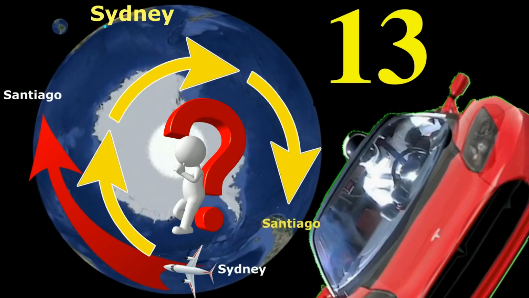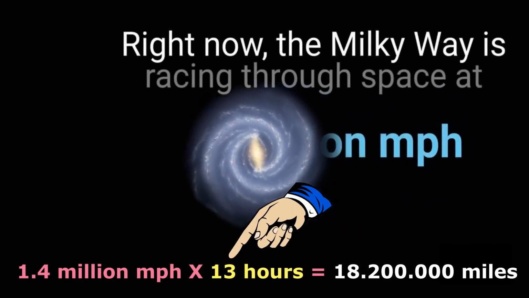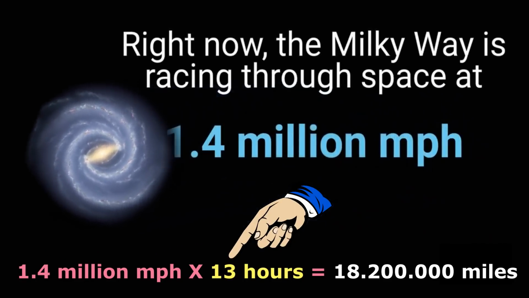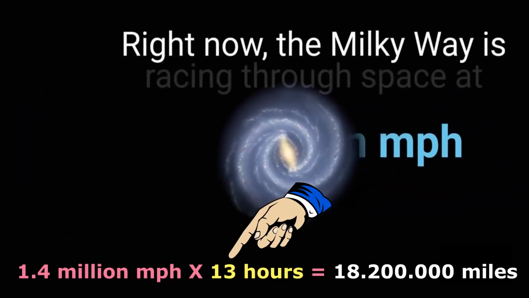So the actual flight path of this airplane after 13 hours equals this. It doesn't really make much sense, but this is what you have to believe happened, according to the heliocentric model. Beyond that, adding to this, remember that the whole Milky Way is racing through space at 1.4 million miles per hour.